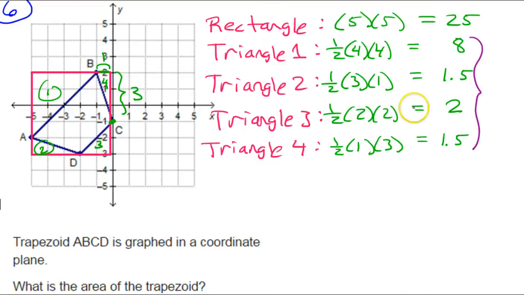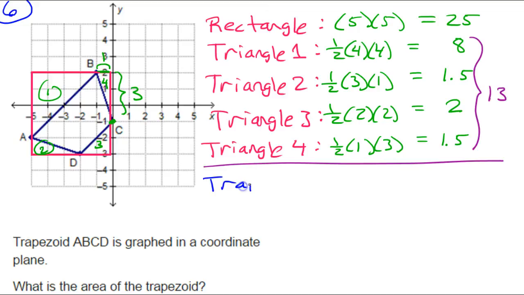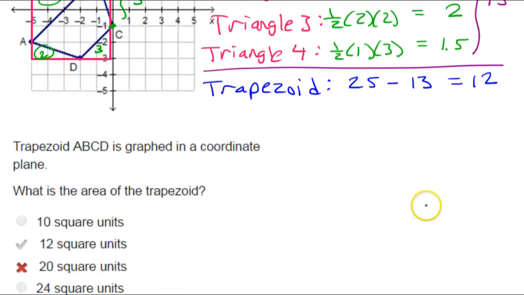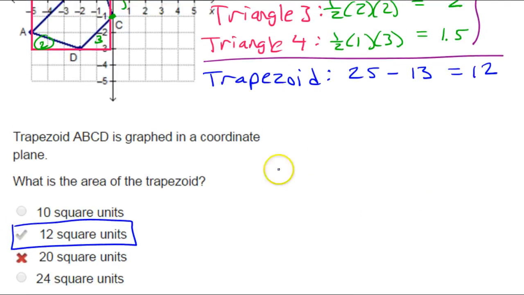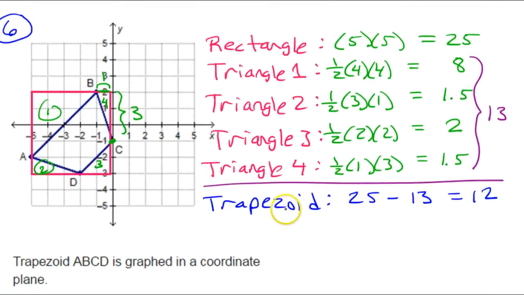Alright, that's 13. So if I want to find the area of my trapezoid, it should be the area of the rectangle minus the area of the triangles. So that should be 12. And that's how it's done.